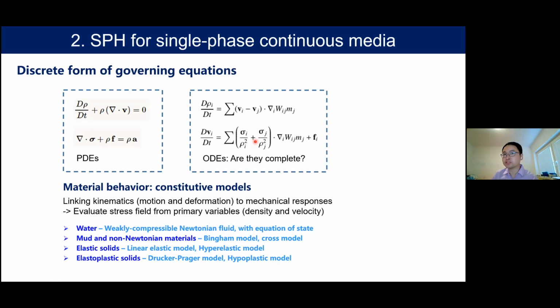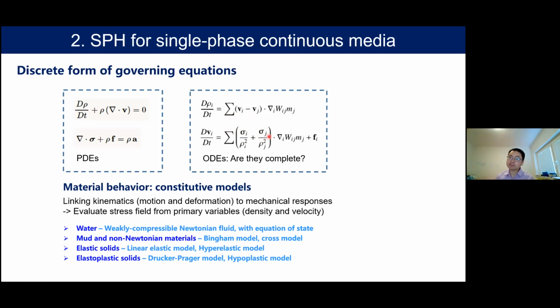This is very important in SPH. If you use an unsymmetric form, then your simulation results will become spurious. So these are the ordinary differential equations we need to solve using time integration methods.